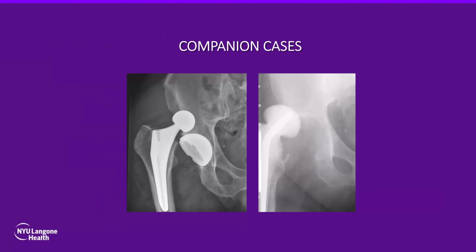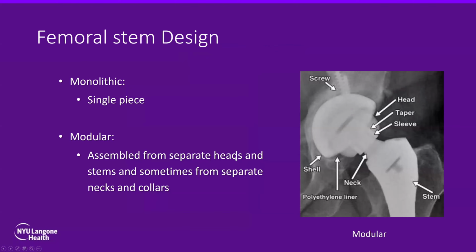So now, seeing these cases, let's talk a little bit more about the femoral stem. Similar to the acetabular one, the femoral stem can be a single piece, monolithic, or it can be modular. I can tell you that nowadays it's mostly modular, and the reason is that different patients have different sizes of their femur, they have different angles of their femoral neck.